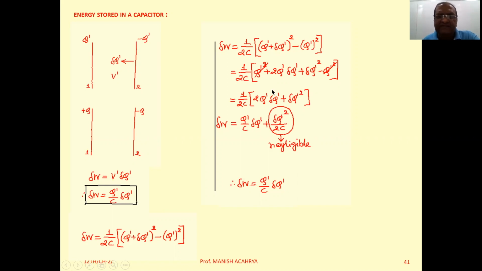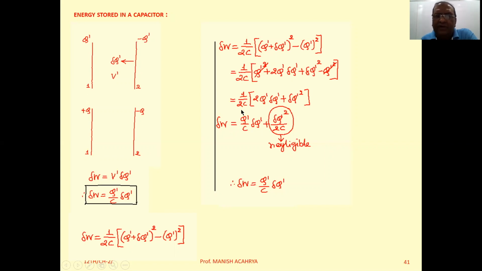Now simplify this equation: 1 upon 2C into the bracket q dash square plus 2 q dash delta q dash plus delta q dash square minus q dash square. That is equal to 1 upon 2C, q dash square cancelled, so into the bracket we can write 2 q dash delta q dash plus delta q dash square.